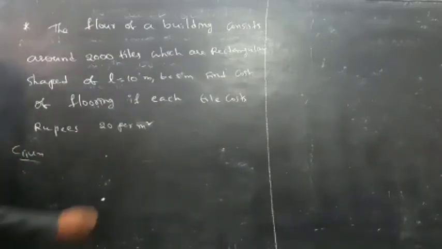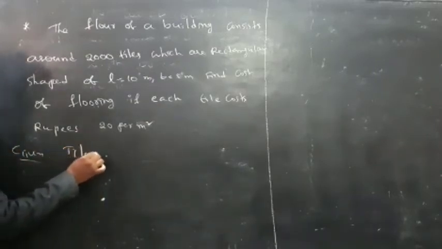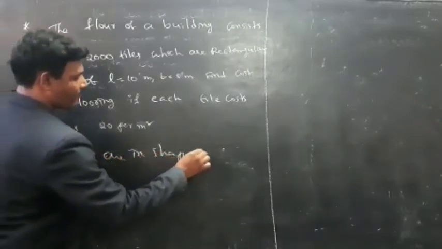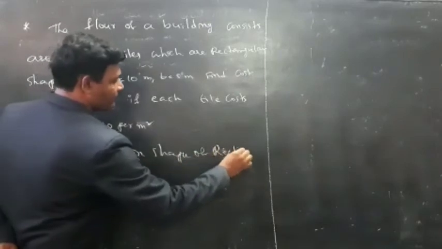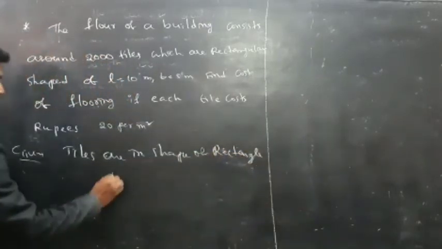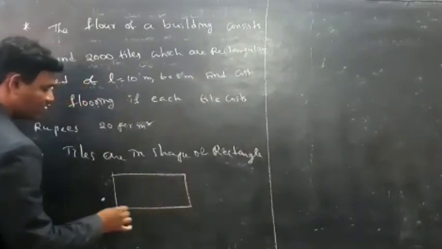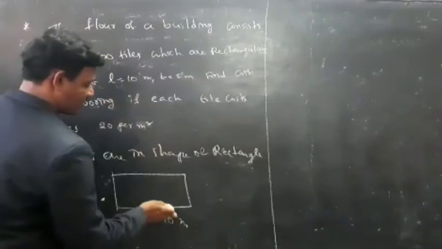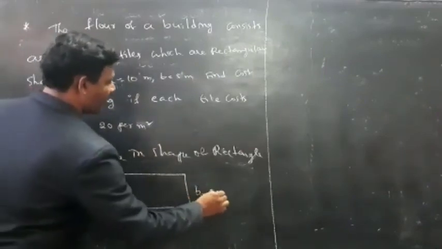What is given here? The tiles are in the shape of a rectangle. What is the length? l is equal to 10 meters, and breadth is equal to 5 meters.